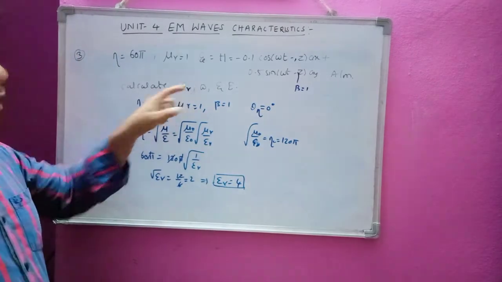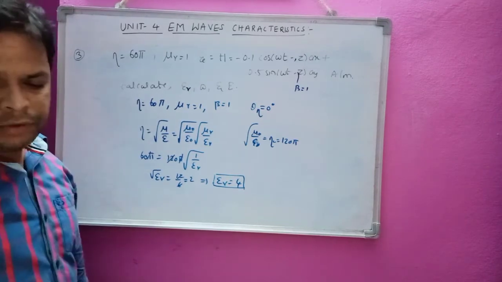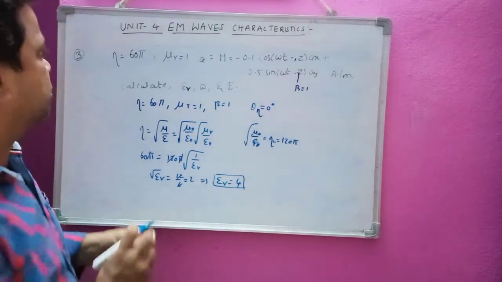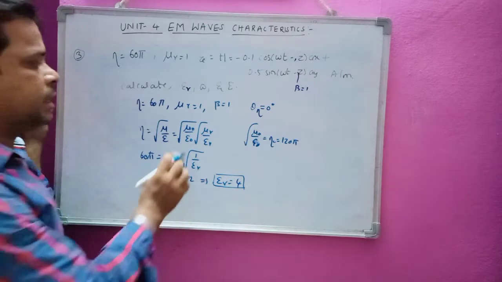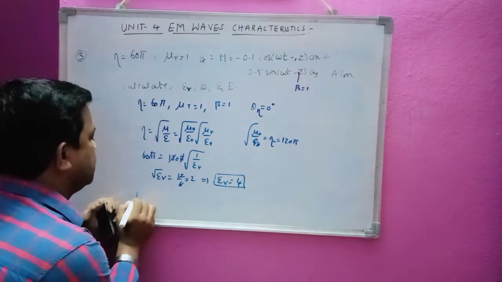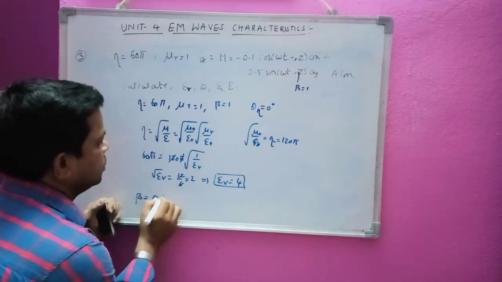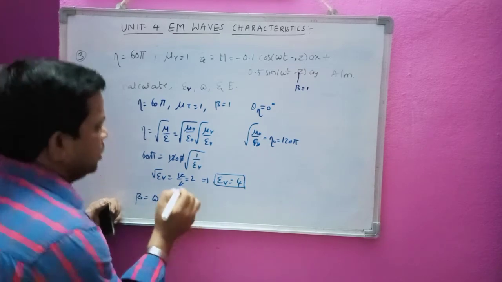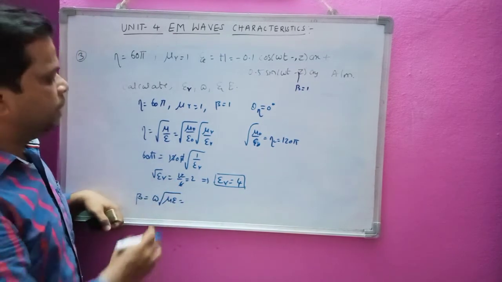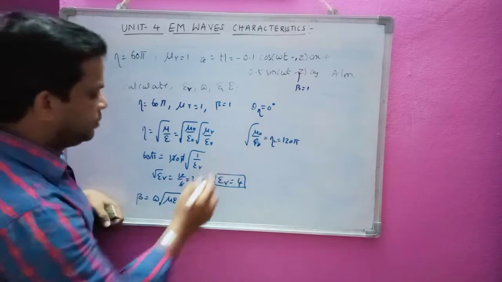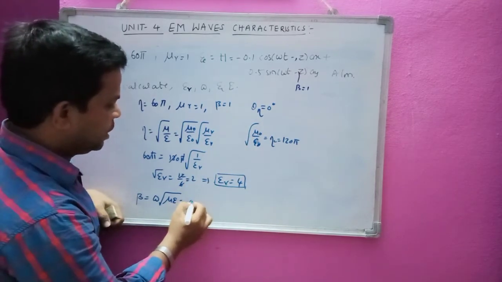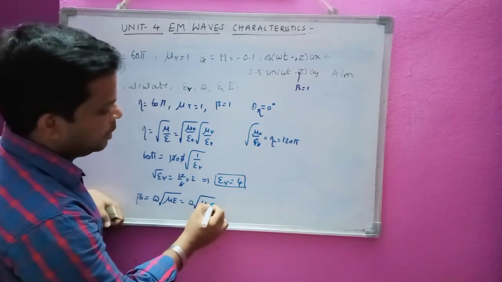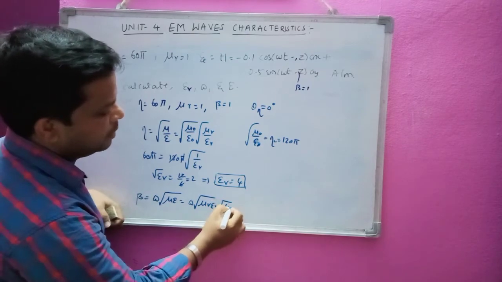Now what we have to calculate? Omega here. For a lossless dielectric, we know that beta is equal to omega square root of mu epsilon, and we need to calculate omega. Beta is equal to 1 here, so omega into square root of mu r epsilon r and mu naught epsilon naught.